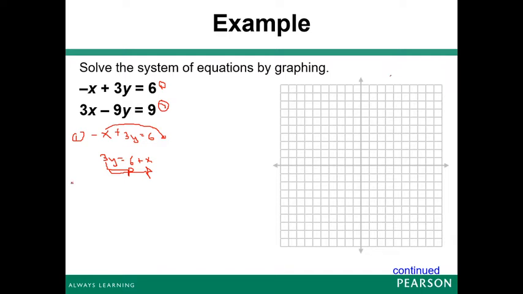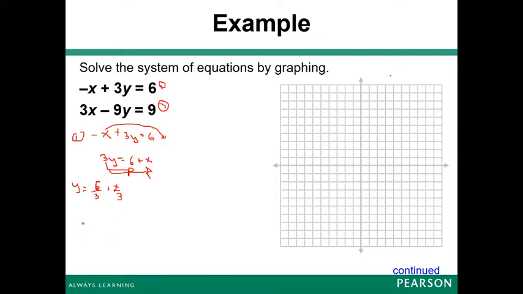So we have y equals 6 over 3 plus x over 3.